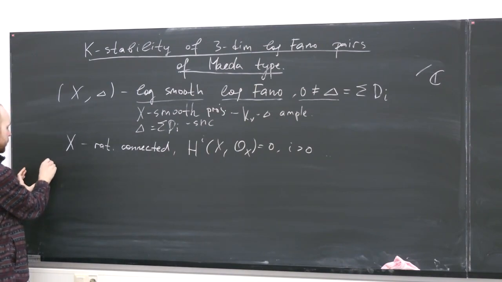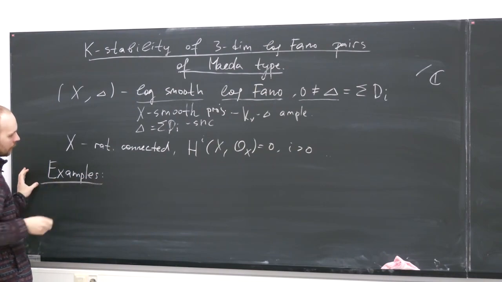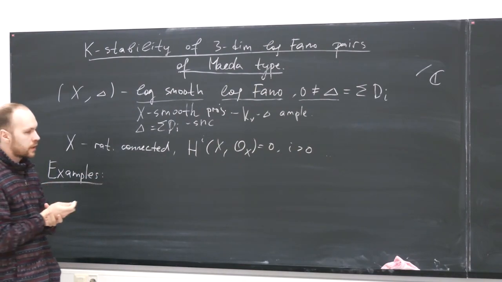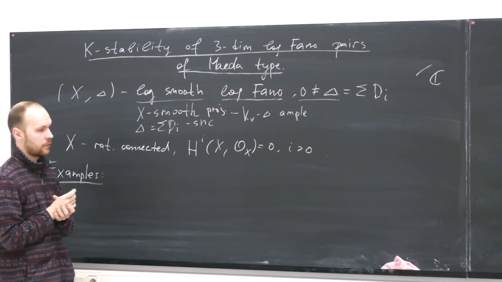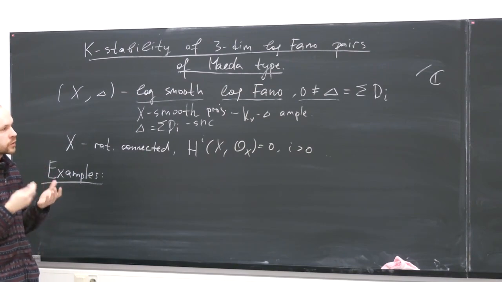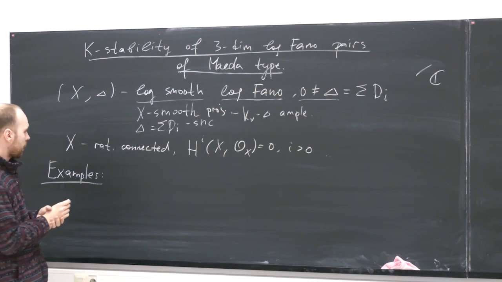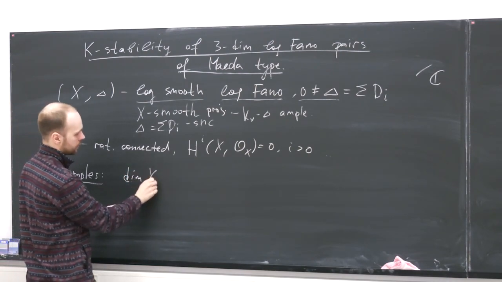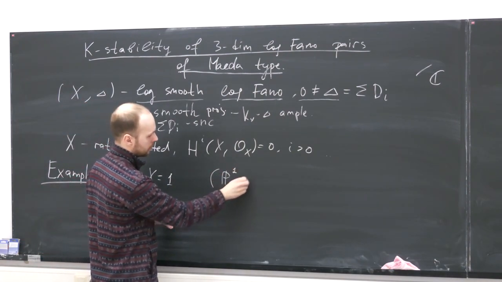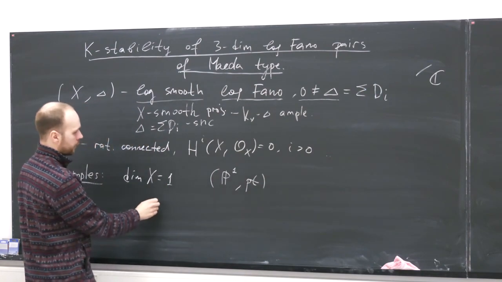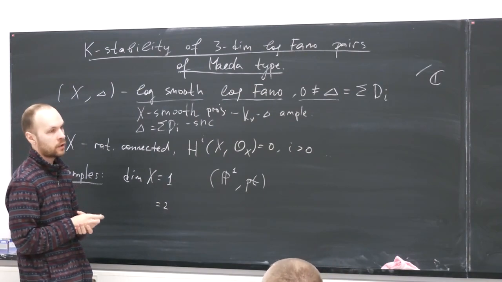Let me give a couple of examples. So just as in the case of classical Fano varieties, such pairs are understood in dimensions up to 3. And if dimension of X is equal to 1, there is only one such pair, namely P1 with a point. If dimension is equal to 2, then such varieties X are not bounded.